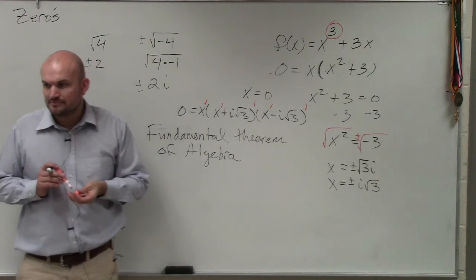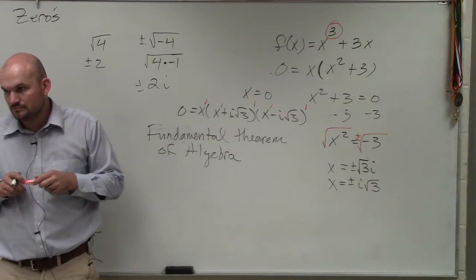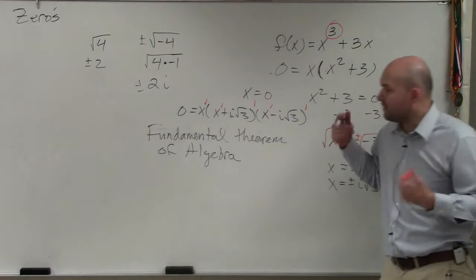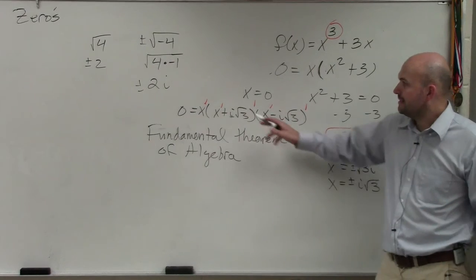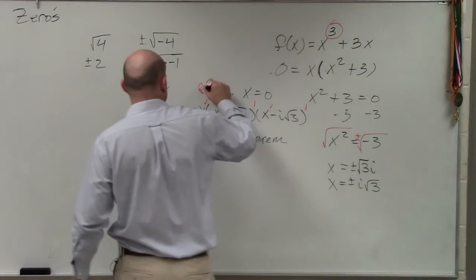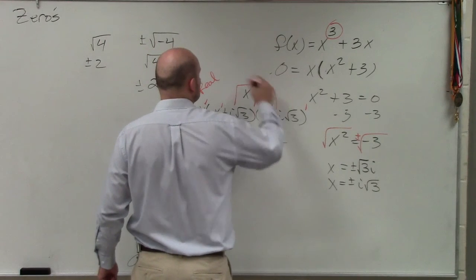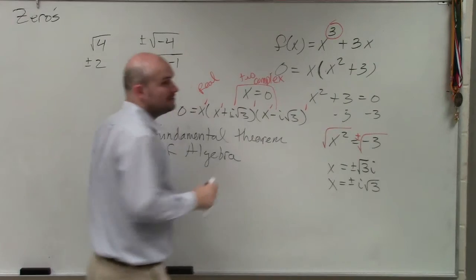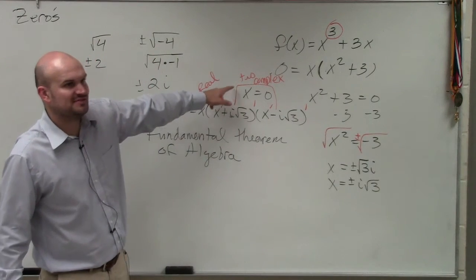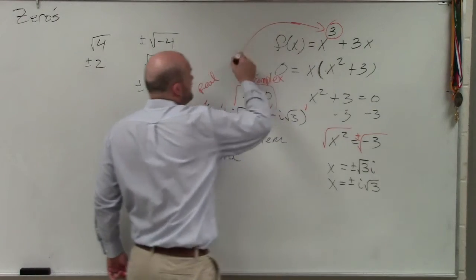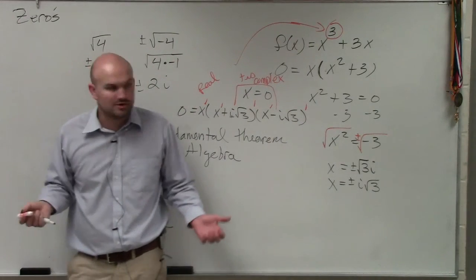But what I want you guys to understand is, notice how I have one real and two complex. One real plus two complex gives you how many total zeros? 3. That is the fundamental theorem of algebra. It's always going to be true.